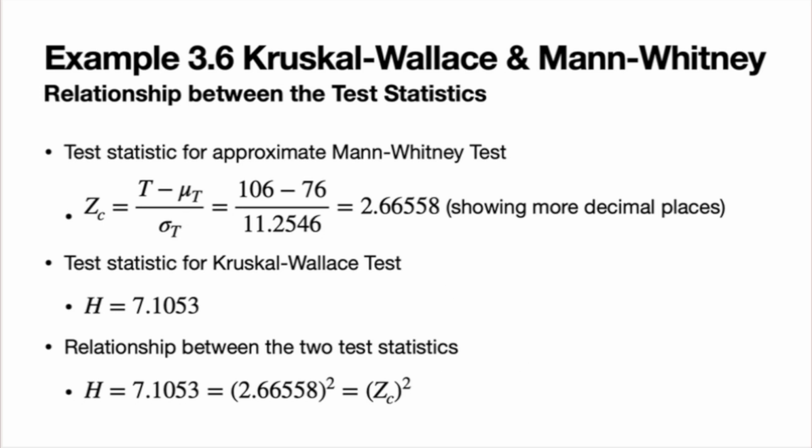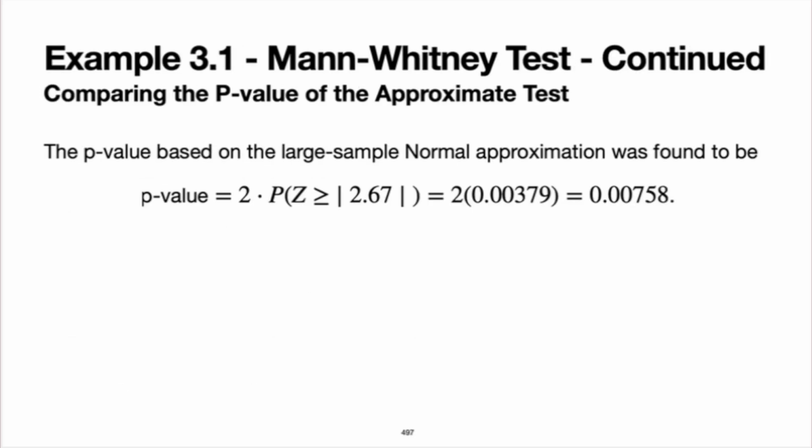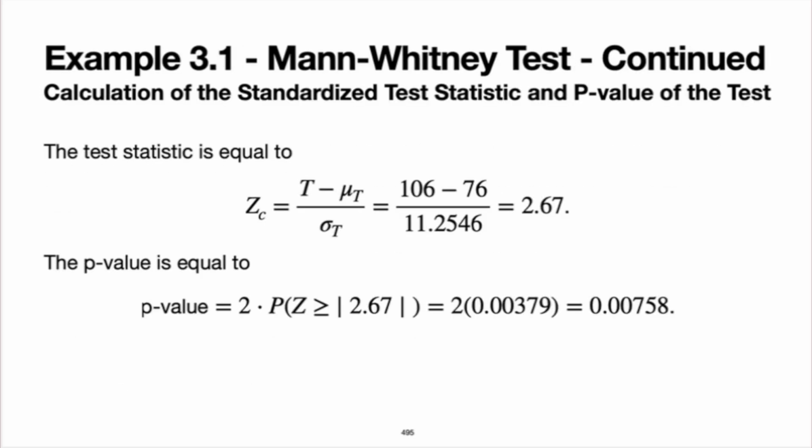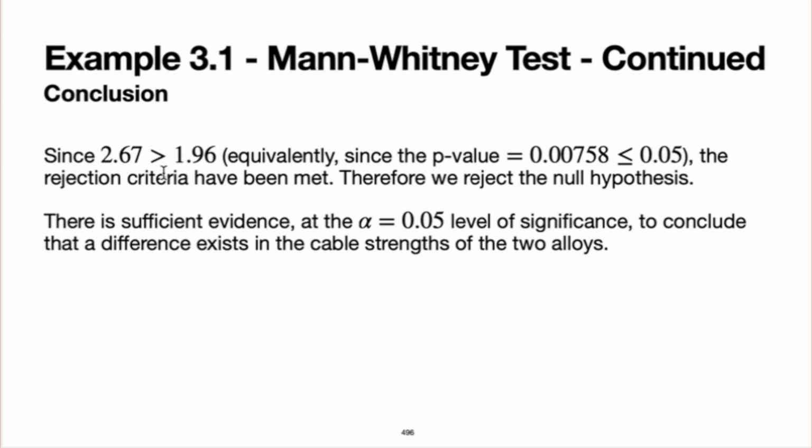The other thing is this. Even though I haven't included this on the slide, let's go back here. The critical point for this approximate Mann-Whitney test is 1.96. Now I want you to get out your calculator and square 1.96. What do you get?